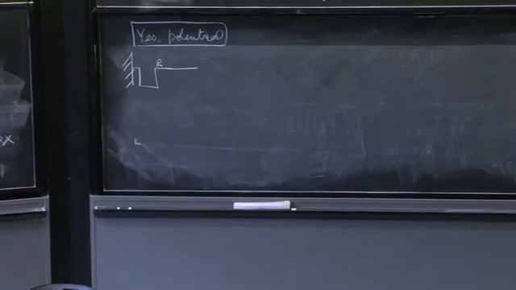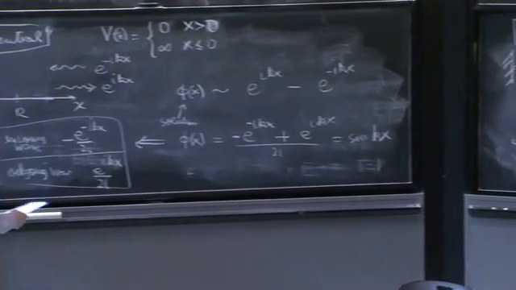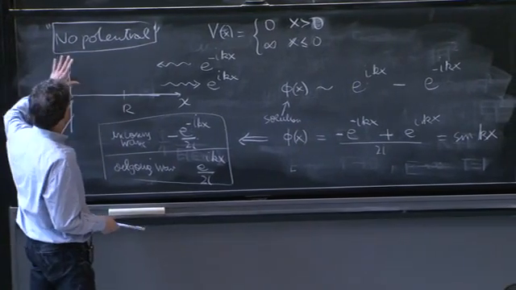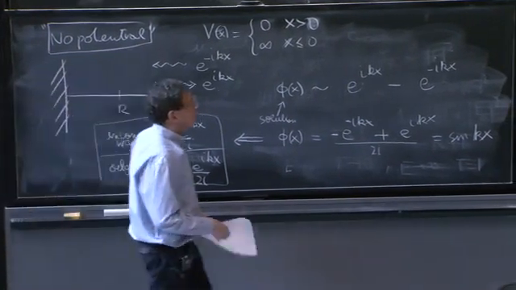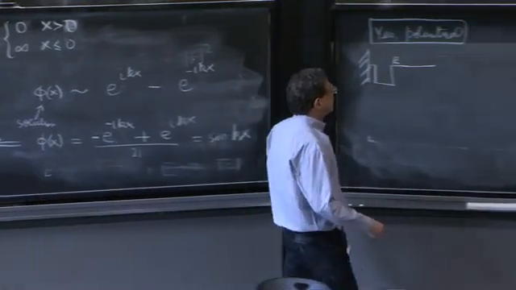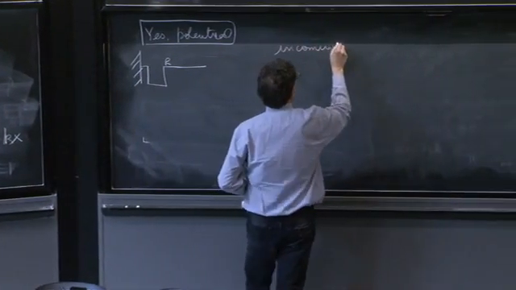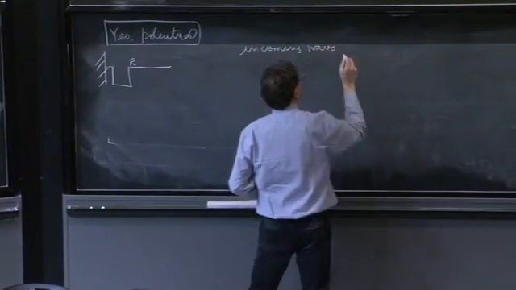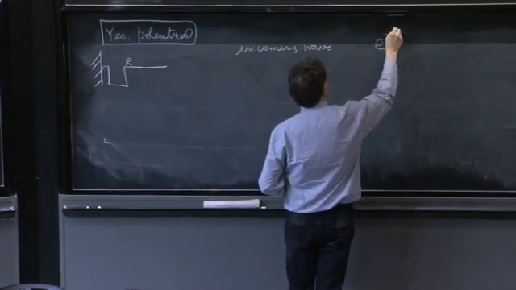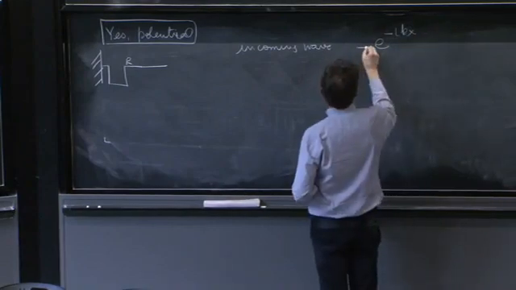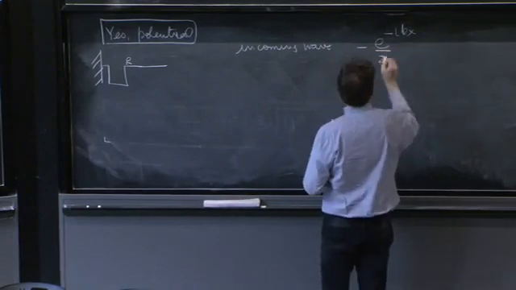So in order to compare, we'll take an incoming wave the same as the one where there was no potential. So let's take an incoming wave, which is of the form e to the minus ikx times minus 1 over 2i.